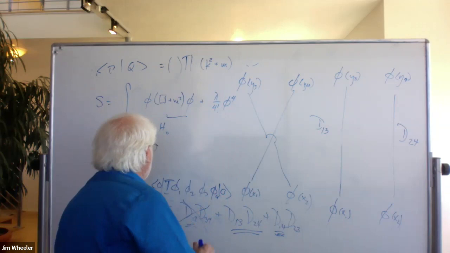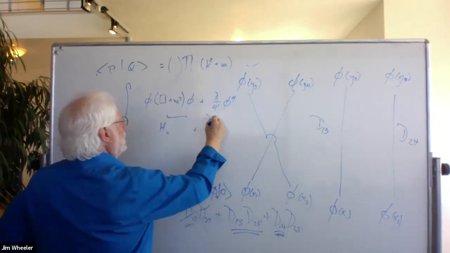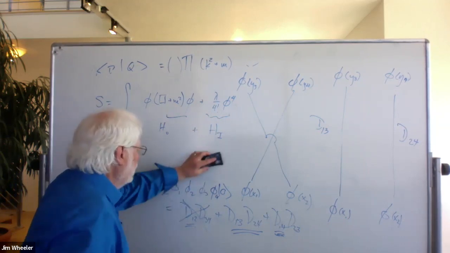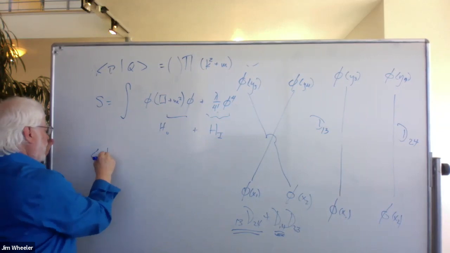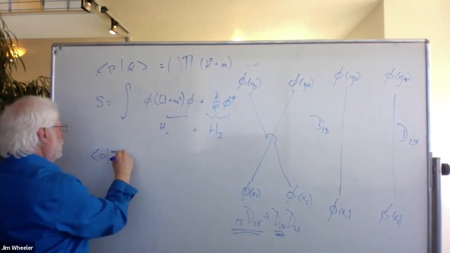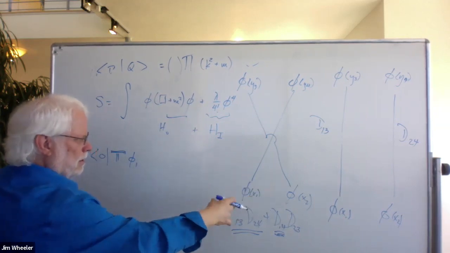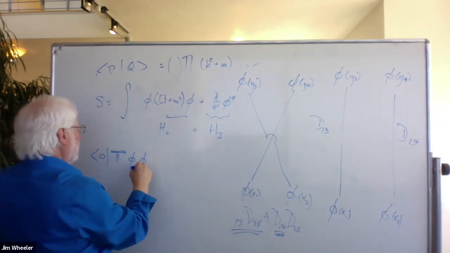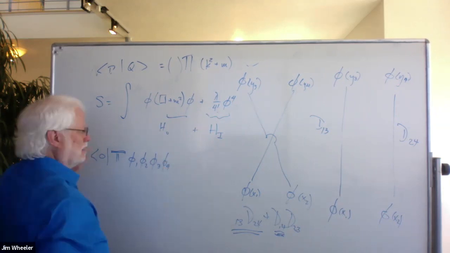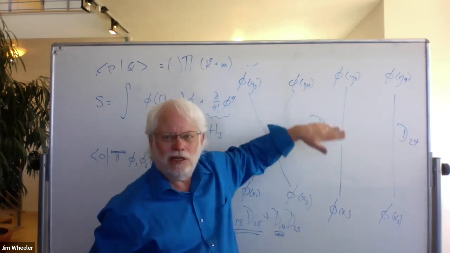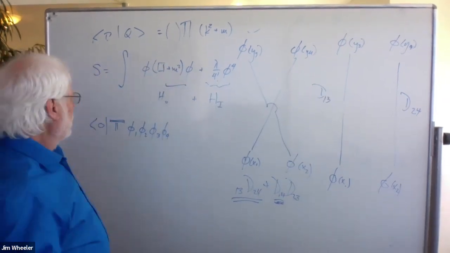So if our Hamiltonian has this interaction term, then our vacuum field, let's suppose we have 2 particles coming in, phi 1 and phi 2, and phi 3 and phi 4 going out. So always this initial and final picture, 2 in, 2 out, and we'll call them 1, 2, and 3, 4.